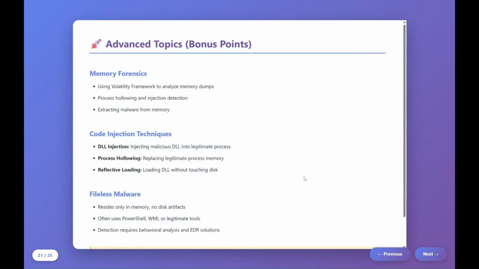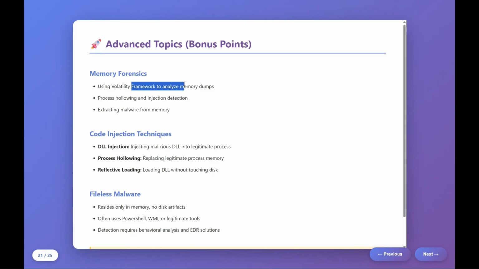All right, next we have some advanced topics. Number one, memory forensics. Memory forensics helps uncover malware that hides in RAM or uses injection techniques. The Volatility framework is used to analyze memory dumps, identify suspicious processes, injected code, and network connections, and detect process hollowing.